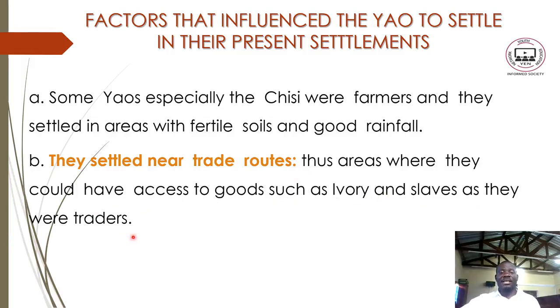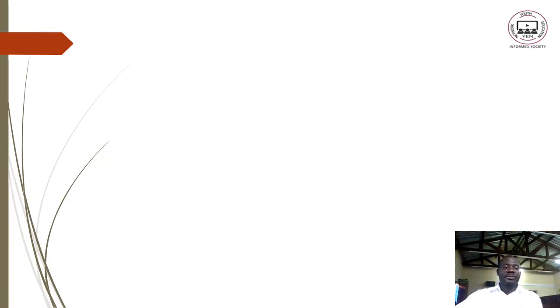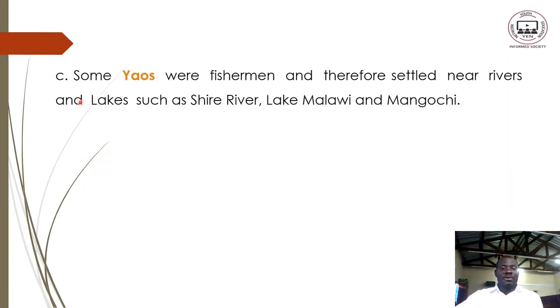Some Yao, again, were fishermen, and therefore they settled near rivers and lakes, such as the Shire River, Lake Malawi, and Mangochi. They chose Mangochi for the lake because they were originally fishermen. Being fishermen, they could settle near the lakes or the rivers.